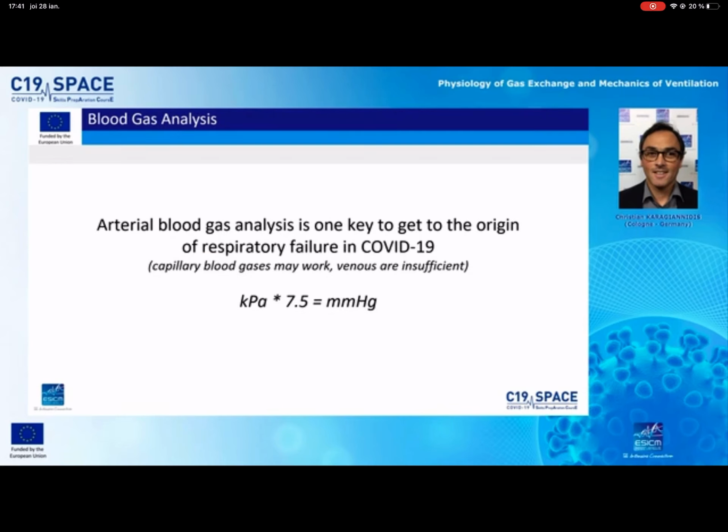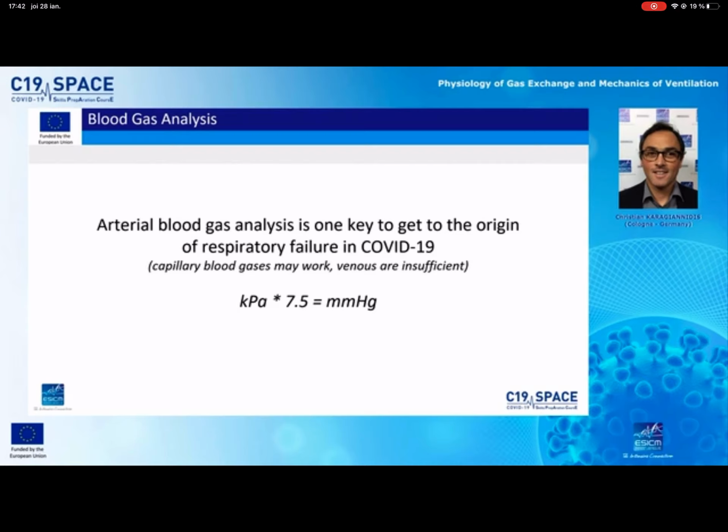In regard to PaO2 and PaCO2, the arterial blood gas analysis is the key to get to the origin of respiratory failure in COVID-19 patients. If you don't have the possibility to get an arterial blood gas analysis, you may also use a capillary blood gas analysis that sometimes works in some patients, but usually a venous blood gas analysis is insufficient to get the real information you need for your COVID patient.